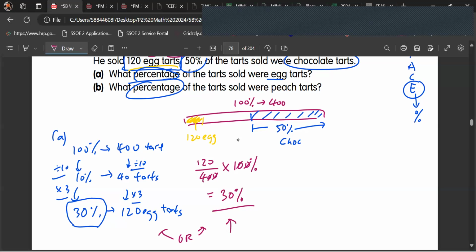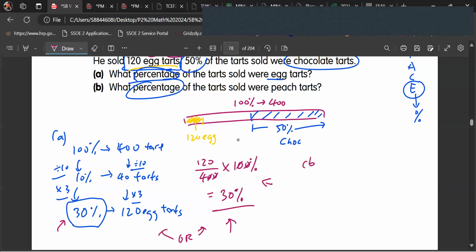Straightforward, no need to think so much. Put the egg out of all the parts times 100%. Then get it ready. So you see the working style, this one is very fast. But this one, I need to think how I can get to 120 parts. A bit hard. I need to work on both sides of the expression.